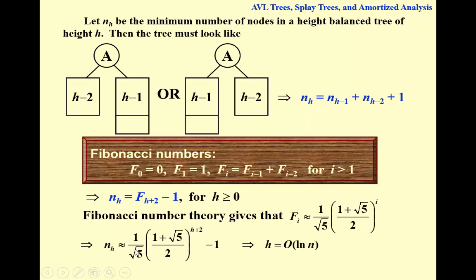So basically, n sub h is approximately some constant to the power h. And therefore, we can take a log of both sides and prove that h is indeed big O of log n with some strange base. But that doesn't matter, it's only a matter of a constant. So the good news is that with an AVL tree, the height h is guaranteed to be bounded above by log n.